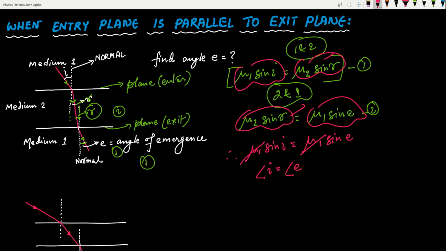Therefore the angle of incidence will be equal to the angle of emergence, and this will happen only when the plane of entry and the plane of exit are parallel. So this is very important.